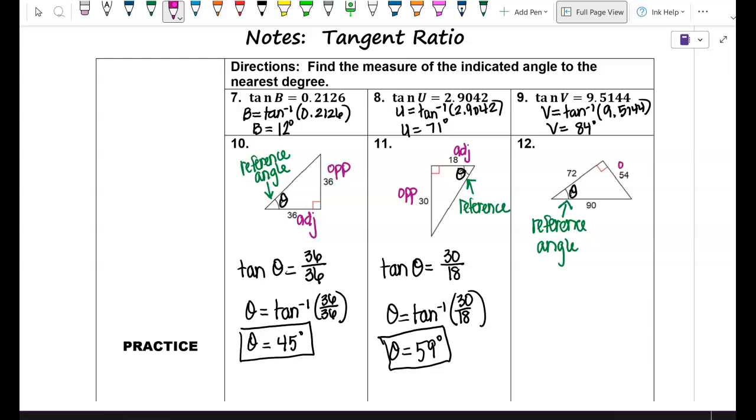So opposite of theta is 54, adjacent to theta is 72. So this should be setting up that the tangent of theta equals my opposite of 54 over my adjacent of 72. So theta is going to equal the inverse tangent of 54 divided by 72.